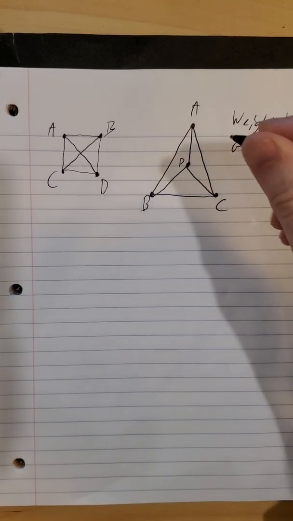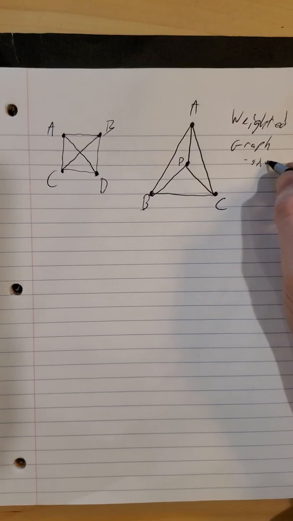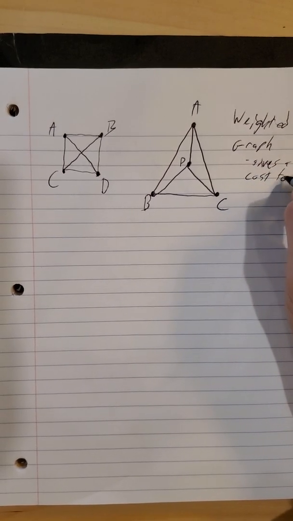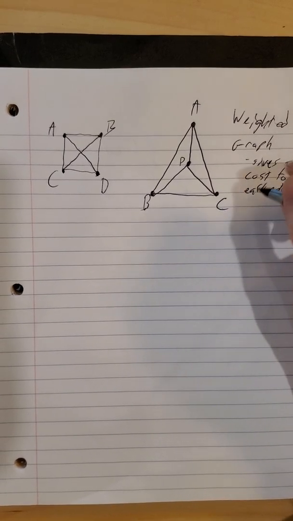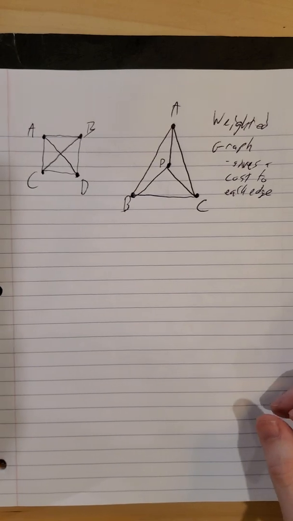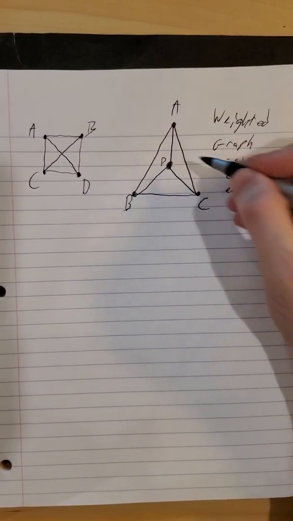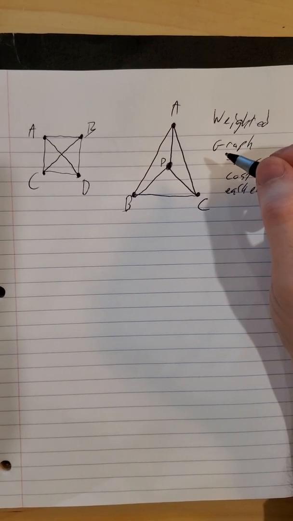So a weighted graph gives a cost to an edge. Now that cost might be the time, it might be dollars, it might be distance, but it has some unit of measure associated with it instead of every edge being counted the same.